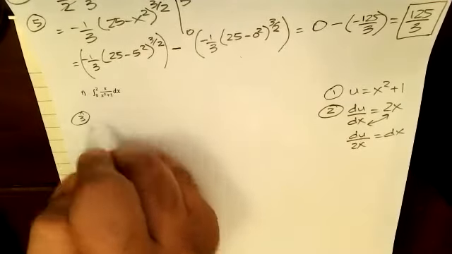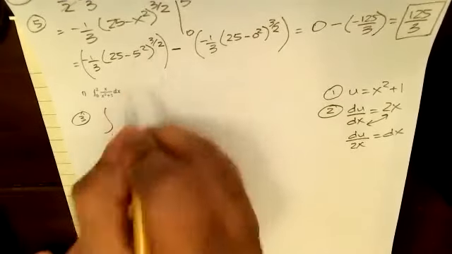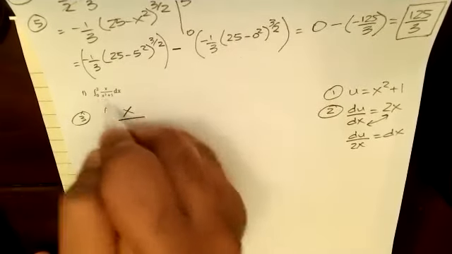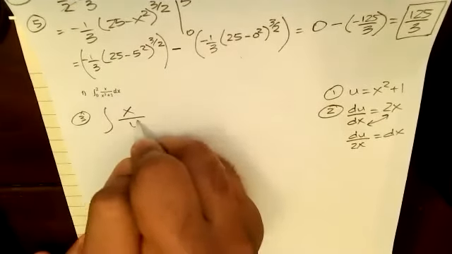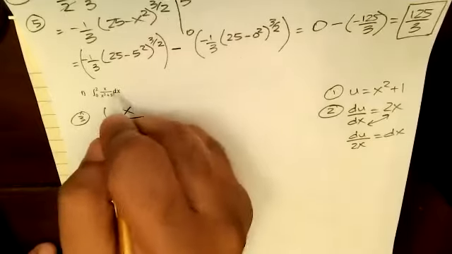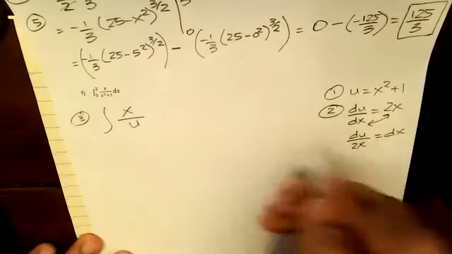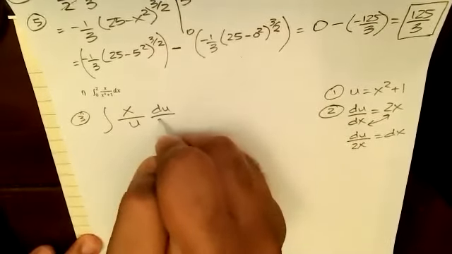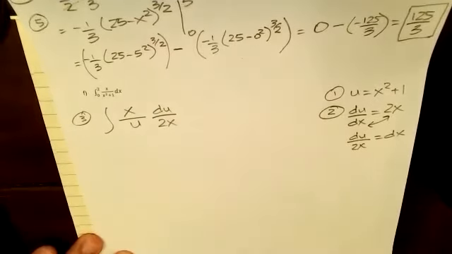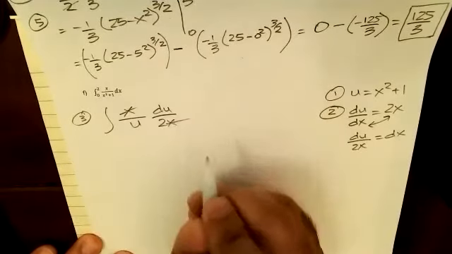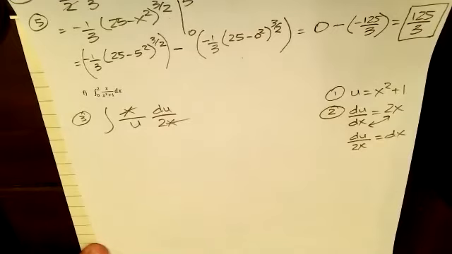I'm going to come back to my integral over here. I'm going to put x over, instead of x squared plus 1, I'm going to put u in its place. And then dx will get replaced by du over 2x. The x's are going to go away.